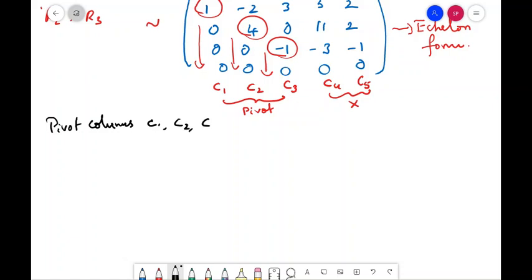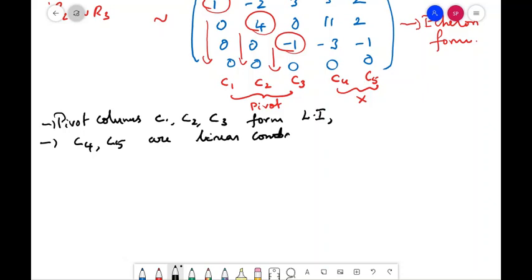Pivot columns C1, C2, C3 form a linearly independent set, and one more result is that C4, C5, the non-pivot columns, are linear combinations of the remaining vectors. That's why they are not pivot columns.